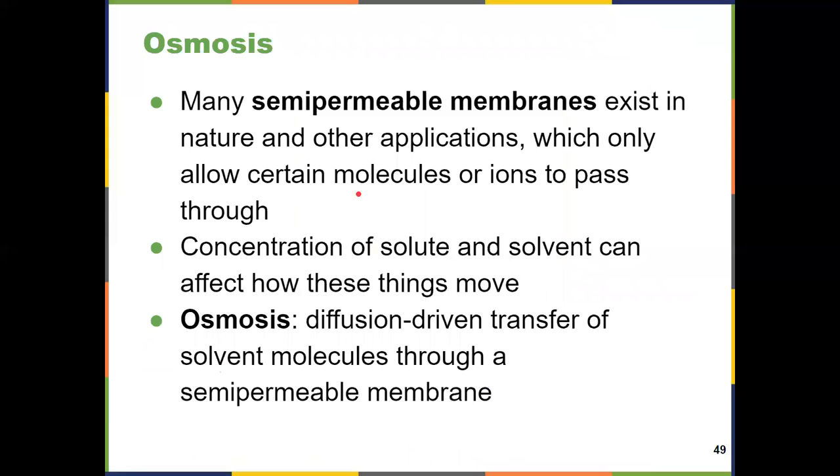So our last colligative property deals with osmosis. Maybe you've heard of osmosis, maybe you haven't. It relates to biology pretty strongly as well. Now, osmosis occurs when we have what's known as a semi-permeable membrane. So it's a membrane that allows some, but not all things to pass through. They exist in industry, they exist in nature, you can find them all over the place.